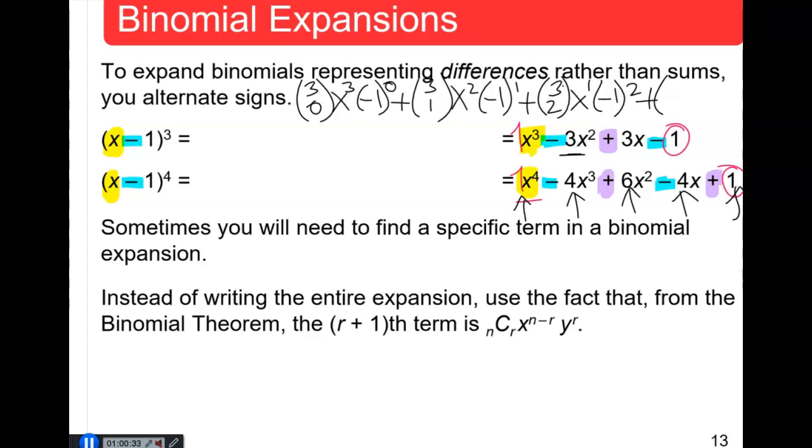And then we will have 3 choose 3, and for that will be x to the power 0 times negative 1 to the power 3.